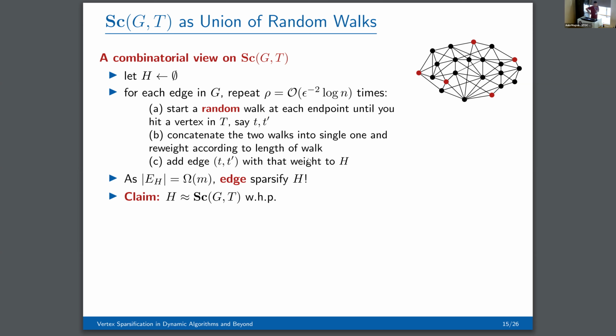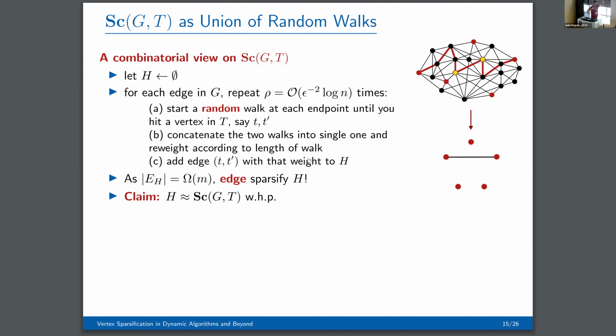So we do the sparse representation in two steps. The first step is as follows. We do this very simple-minded process. You take an edge in the graph, take the endpoints of this edge, and do a random walk from one endpoint until you hit a terminal vertex. Then you do another random walk from the other endpoint until you hit a terminal.